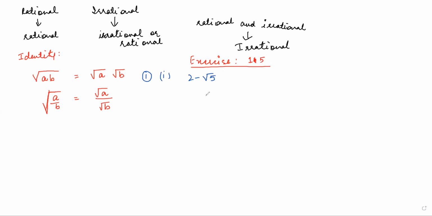Now let us see what kind of number it is. Let us break it into 2 parts. Here we have one number, 2, which is rational because it can be written as 2 by 1, which is of the form P by Q, where Q is not equal to 0. So that means it is a rational number.